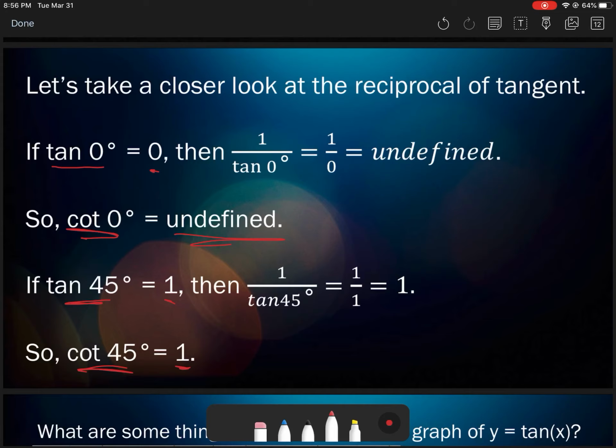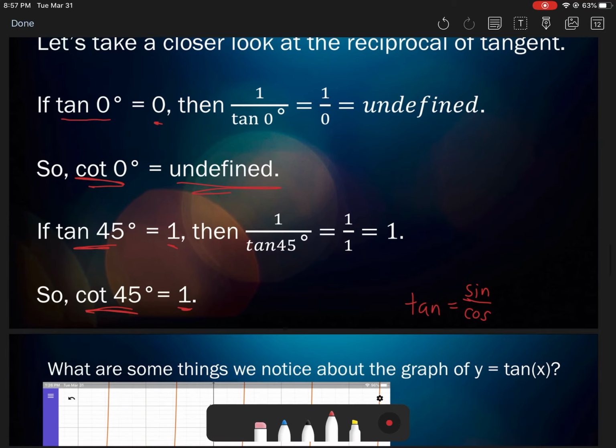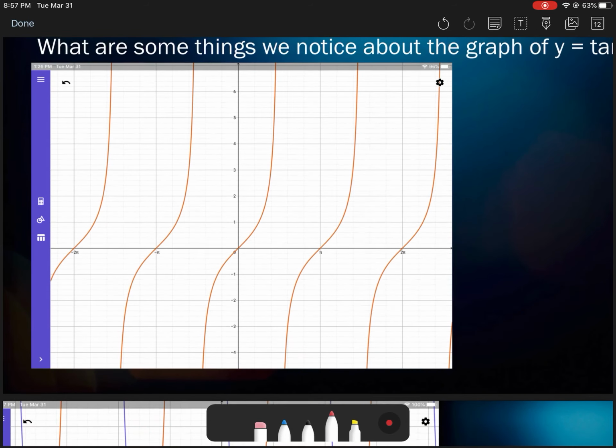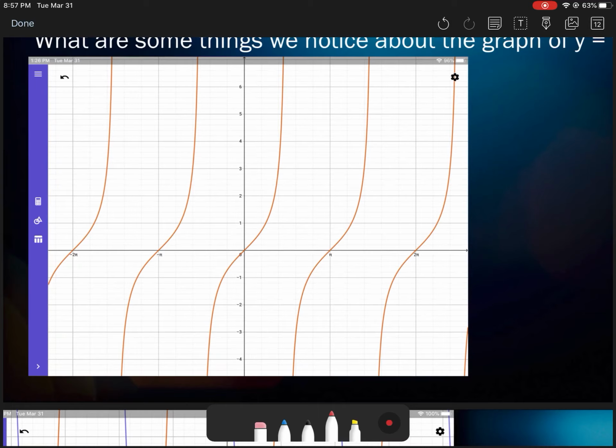So looking now, when we go on to the graph, remember that tangent is equal to sine over cosine. Because of this, we know that there are certain degrees where cosine is 0, which means we're going to have parts of the tangent graph that are also going to be undefined. So this is what y equals tangent of x looks like when we graph it.